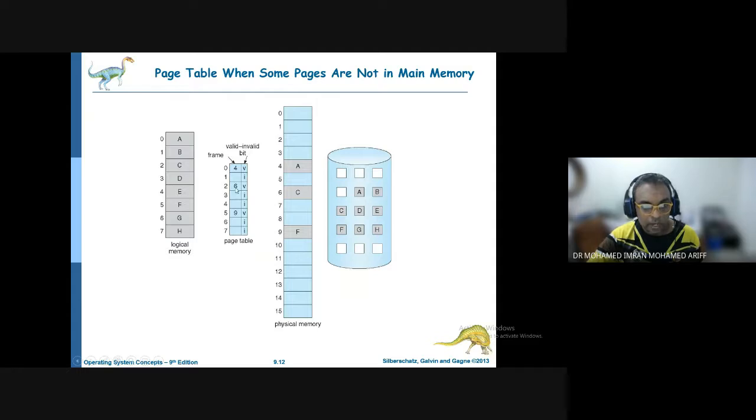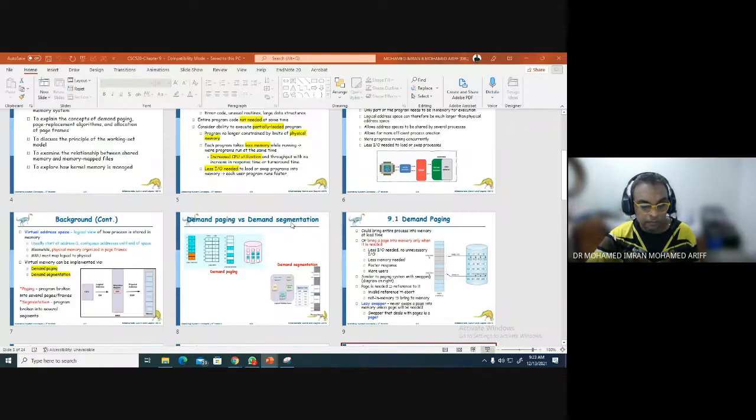Page 2, frame 6, valid means the frame is valid and the file of interest is inside physical memory, location number 6. Page 5, frame 9, this frame 9 is valid, meaning the file of interest in page 5, frame 9 is valid and is inside the physical memory over here.